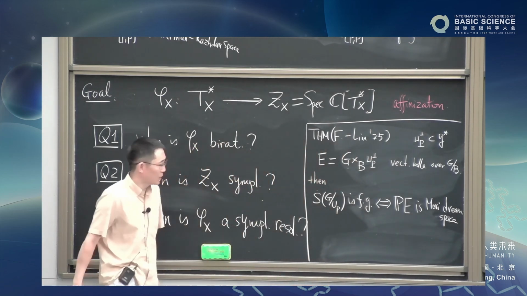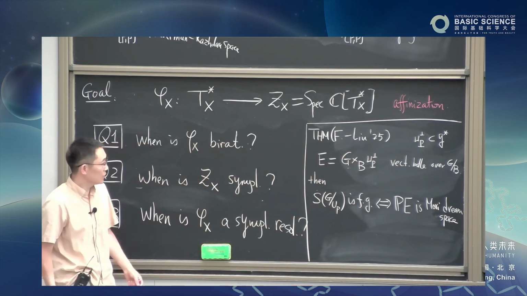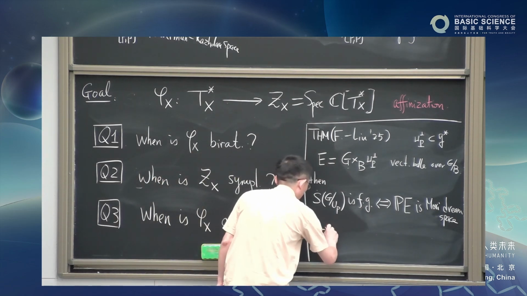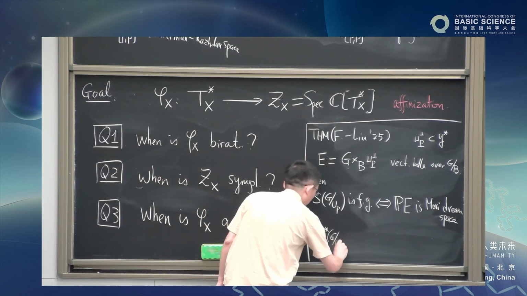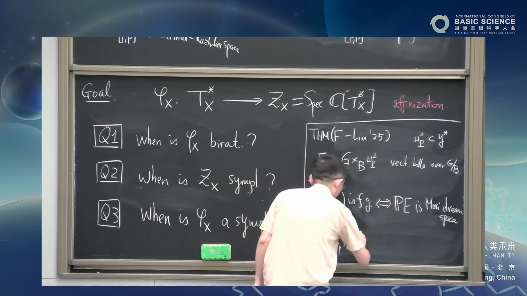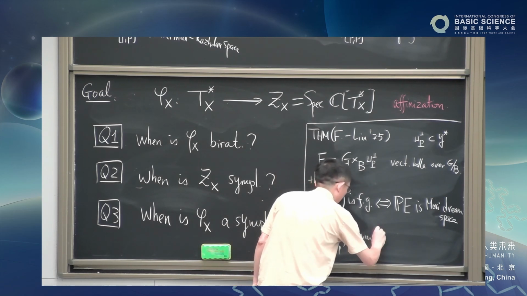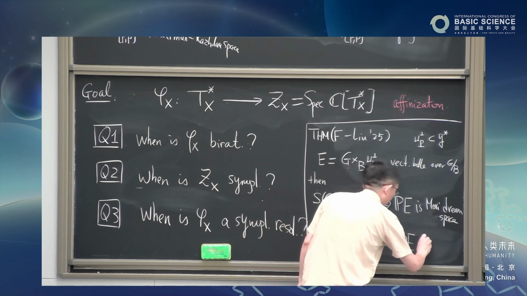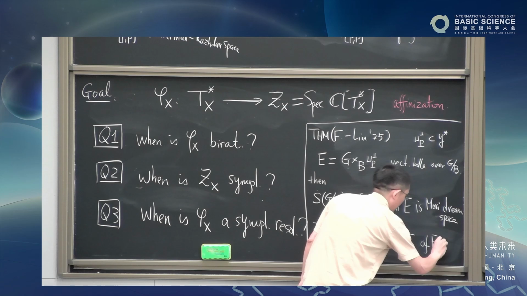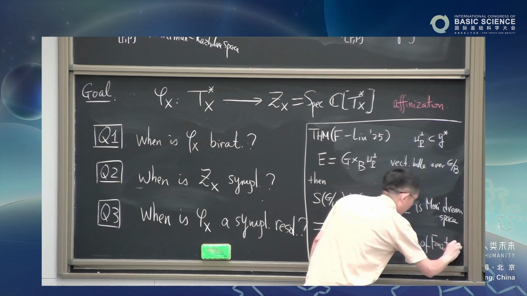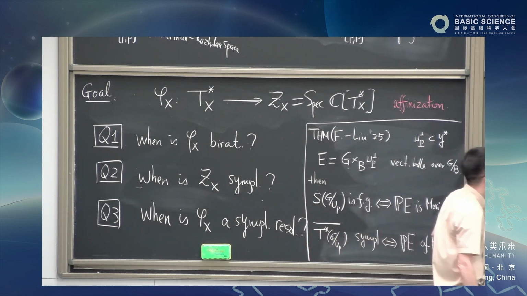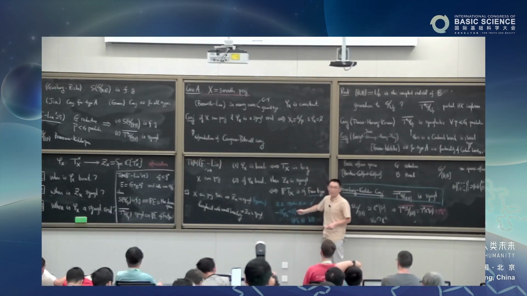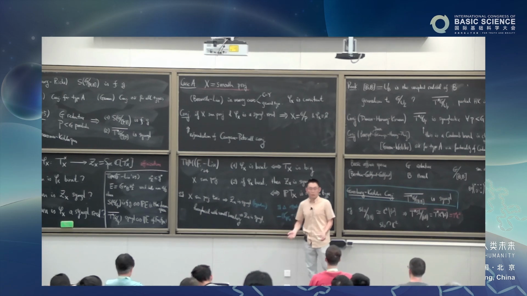I didn't explain what a Mori dream space is, but it's a usual notion in birational geometry. Also, the coordinate ring of G mod UP is symplectic if and only if this projectivization is of finite type. So this is very similar to what we stated in the previous case. It's the right time to stop here.